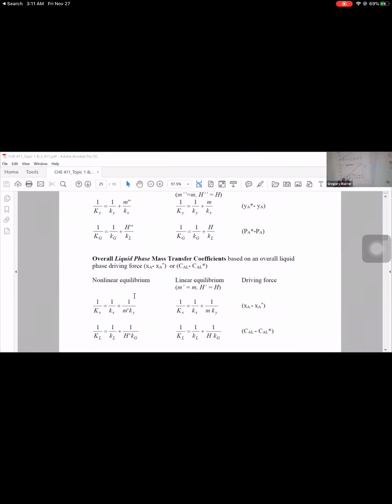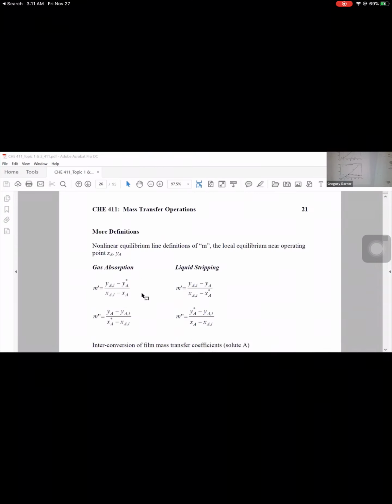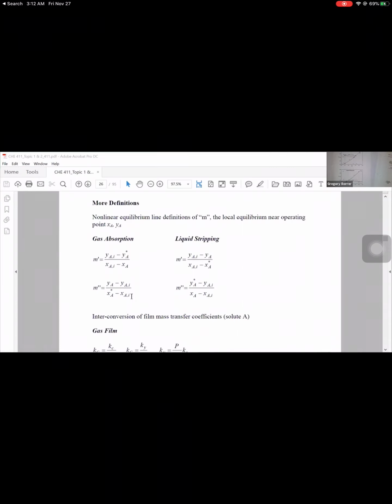So just looking at this plot, the M prime and the M double prime are going to be defined a little bit differently, okay? And they're given here for gas absorption versus liquid stripping. I won't go into detail there, but just know that you have that situation.